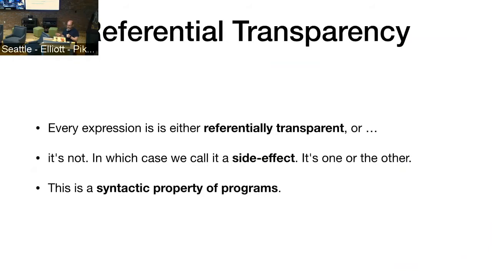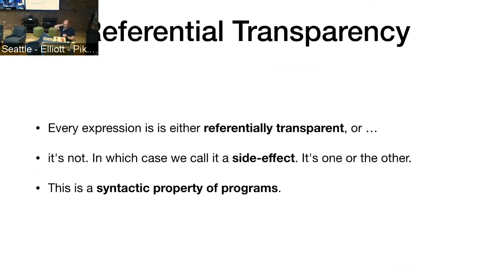And the interesting thing here is that it is a syntactic property of programs. It's something that tells you whether substitutions like those we were just talking about are legal or not. So saying something is a side effect is only indirectly a statement about the runtime behavior of the program. It's really a statement about whether these substitutions are legal or not.